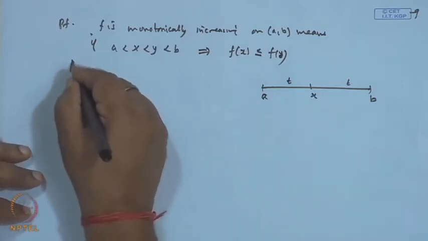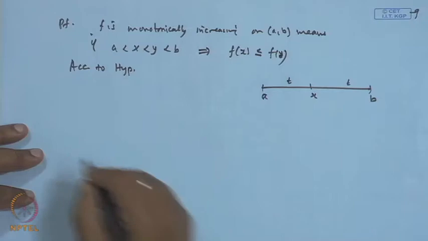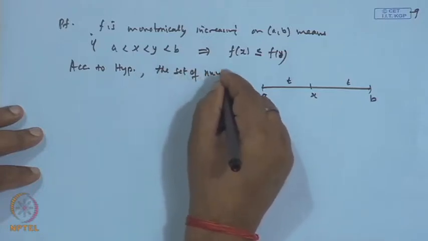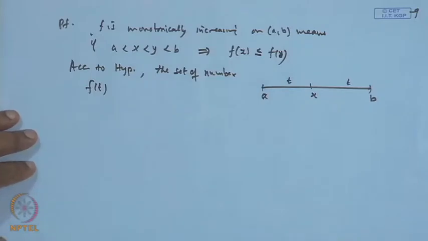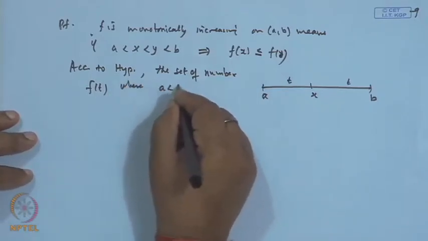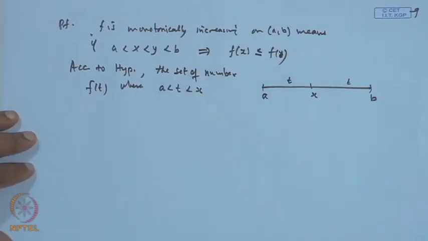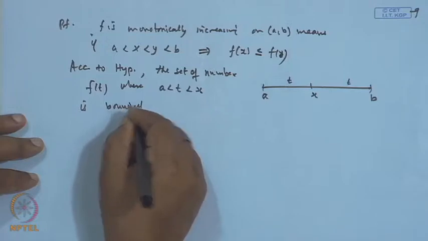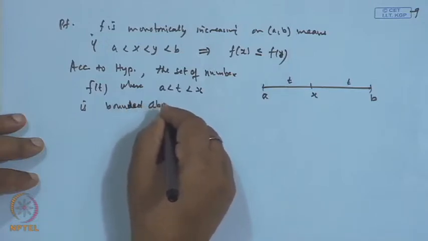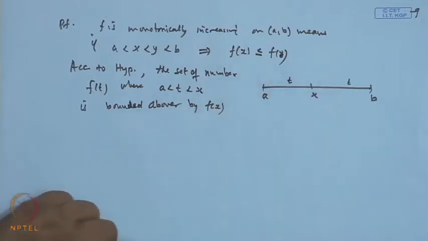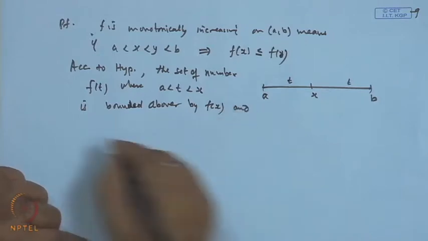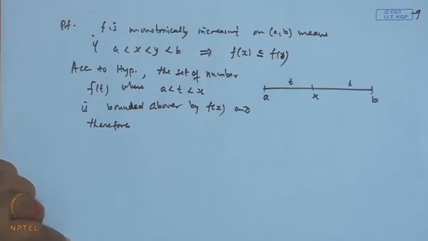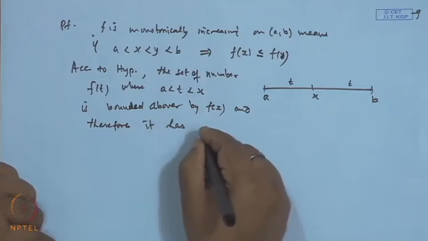So, according to this hypothesis, the set of numbers f of t, for t lying where a is less than t less than x, is bounded above by f of x, because it is a monotonically increasing function, and therefore it has a least upper bound.